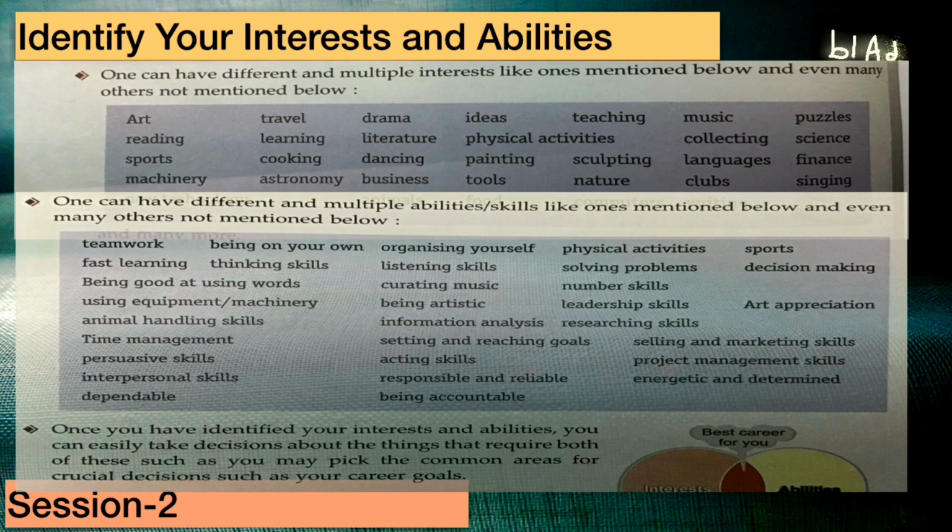If you are within your interest and ability areas, you can perform better than in other areas. So it's better to choose our career options or goals in accordance with our interests and abilities. That's the end of session 2. We will meet once again in session number 3.